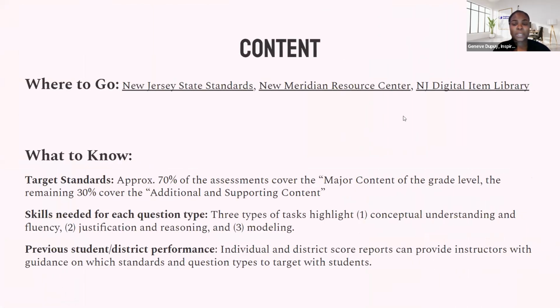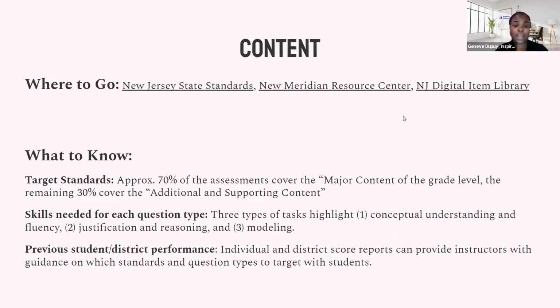Okay, so when we speak about the content of the assessments, the key takeaways are the content that is covered is really aligned to the major content of the grade level as identified in our state standards.